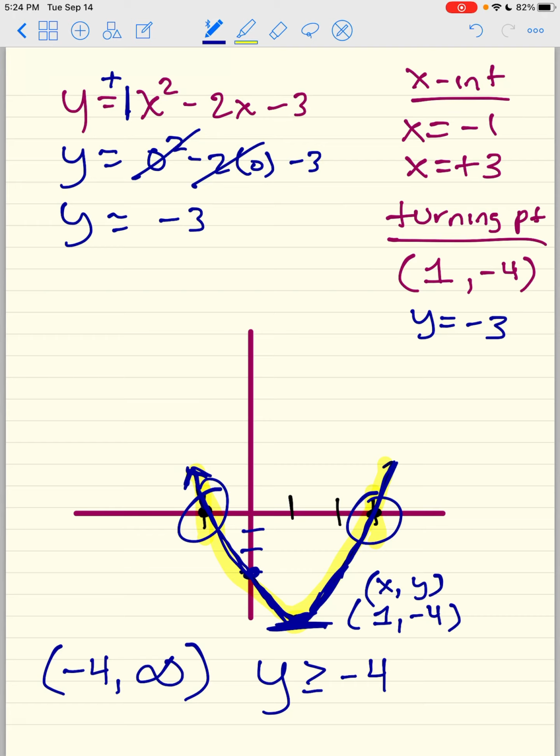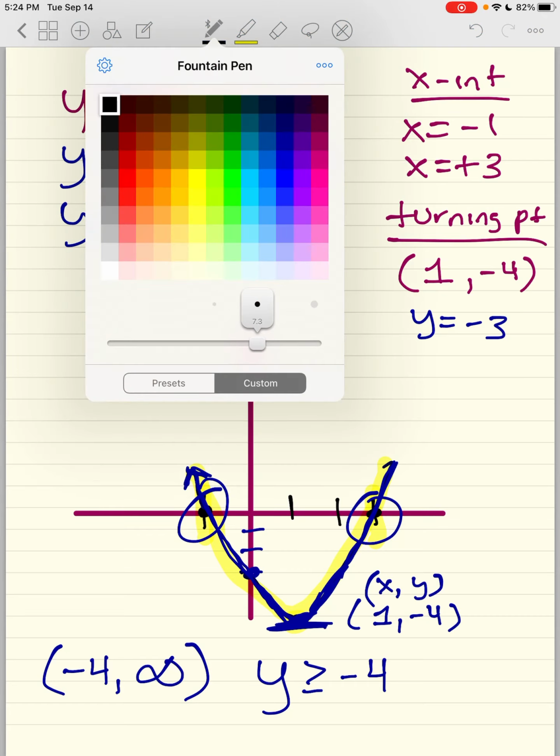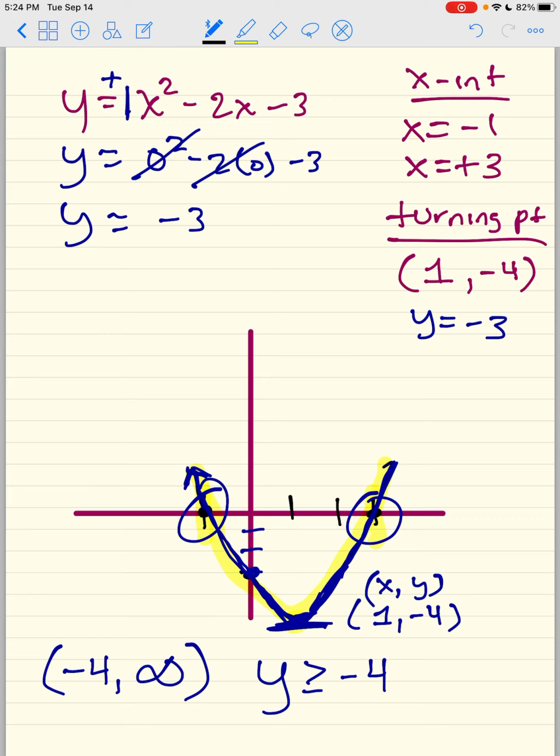I didn't ask this question, but I will right now. My final question is, what is the axis of symmetry? The axis of symmetry is basically a vertical line that will slice the parabola in half. Well, guess what, guys? It's right there.